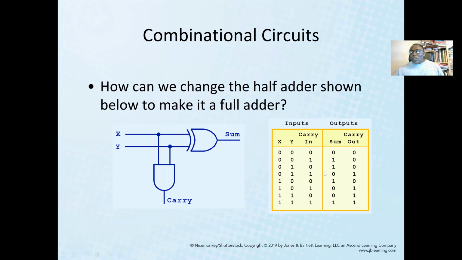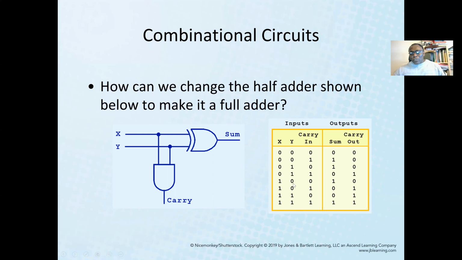When we get only one 1, the output is 1, remainder 0. Now when we get two 1s, remember we said that 1 plus 1 is 0, carry 1. Here we have two 1s, so it's 0, carry 1. And 1 plus 1 plus 1 is 1, remainder 1.